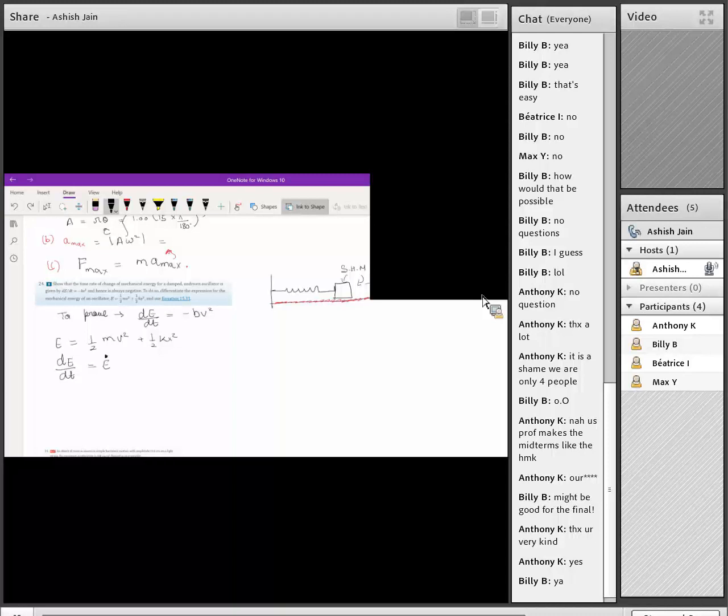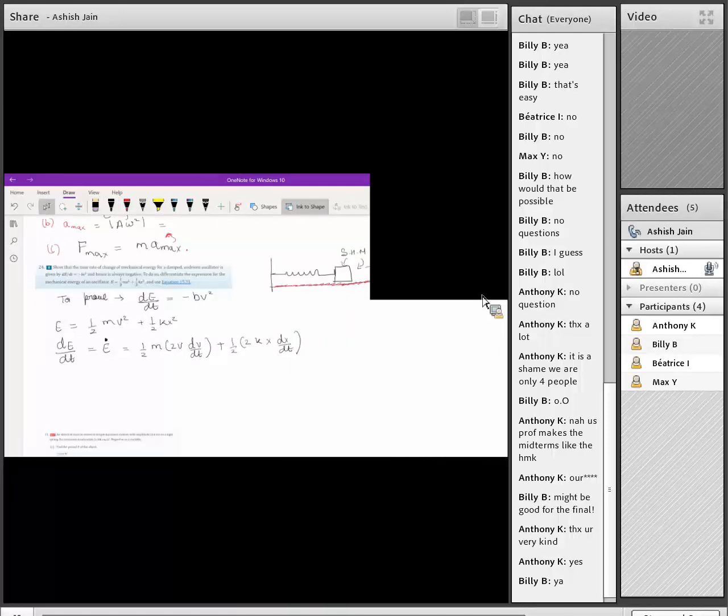So it can be written as half m 2v dv by dt plus half 2k x dx by dt, right?